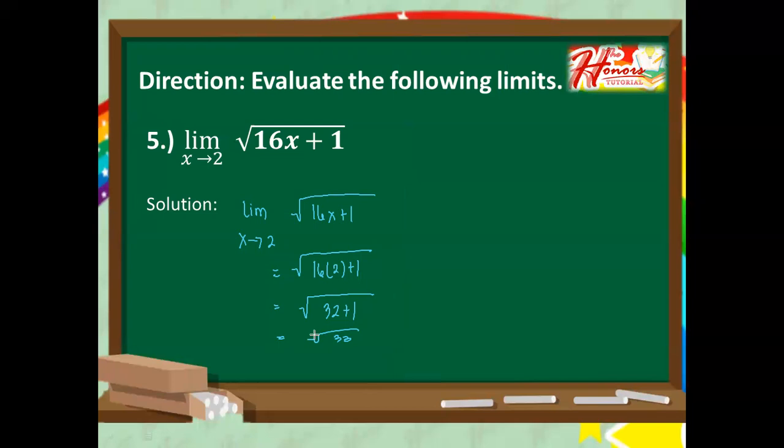But there is an index here, which is 2. You have to think of a perfect square number that when you multiply is equal to 33. But in this case, we don't have that number. So therefore, our final answer here is square root of 33. And that's it.